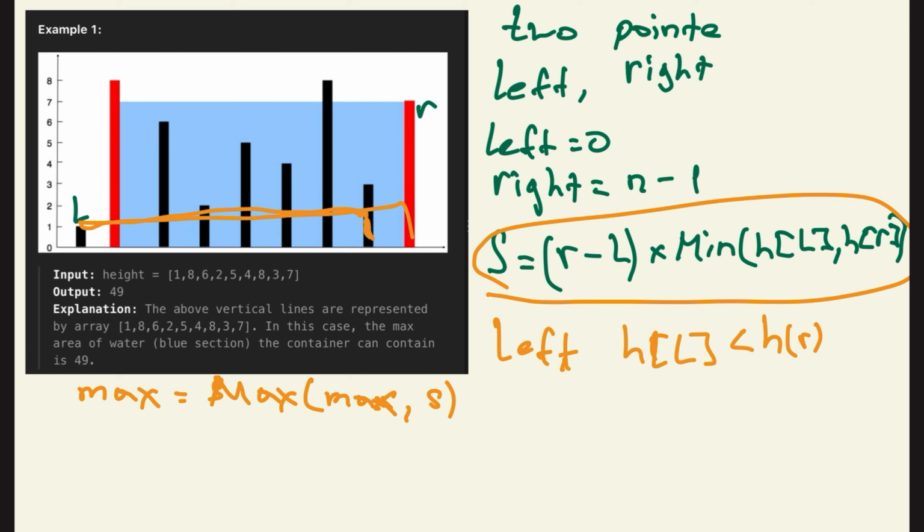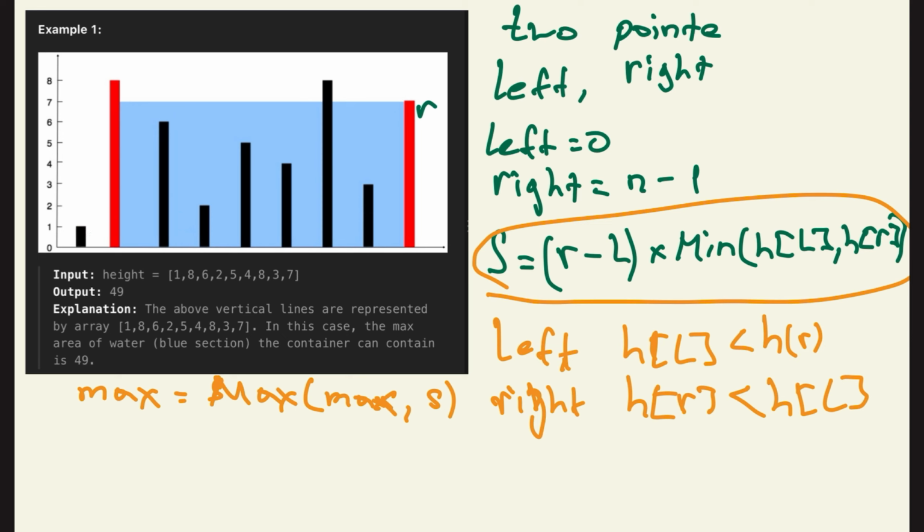So that's why we need to move the smaller line, and we need to move right if the height of right is less than the height of left. By this way, let's solve this.